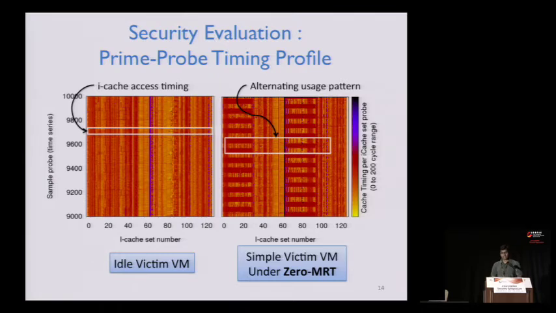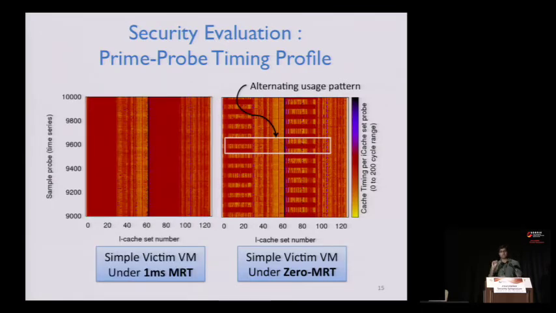When we increase the MRT value to a modest 1 millisecond, we no longer see this alternating pattern, which is essential for the side channel information. This is a very simple way to experimentally show that such simple covert channels are not possible with a 1 millisecond MRT value.